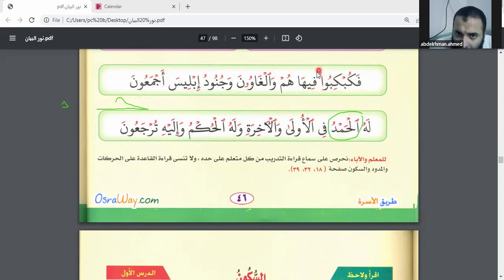So what's the circle in the Quran? This circle in the Quran means this letter is silent. We don't read it. And you will find this circle only with 3 letters in the Quran: the letters of mad, which are alif, waw, and the letter ya.